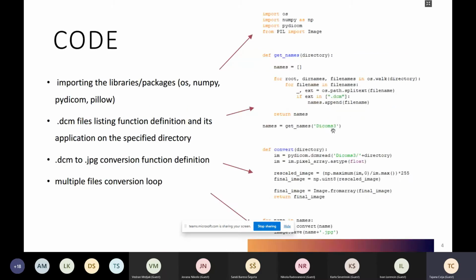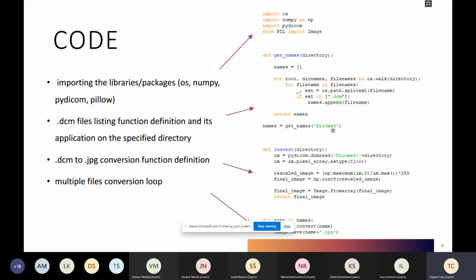Now the next step was to write the code that was going to do the extraction and conversion for us. First, we imported some libraries and packages that were needed. In the second section of the code that you can see, we defined a DICOM files listing function and applied it on the specified directory. The third part of the code is the definition of the DICOM to JPEG conversion function.